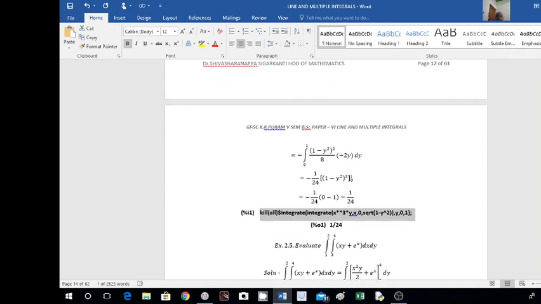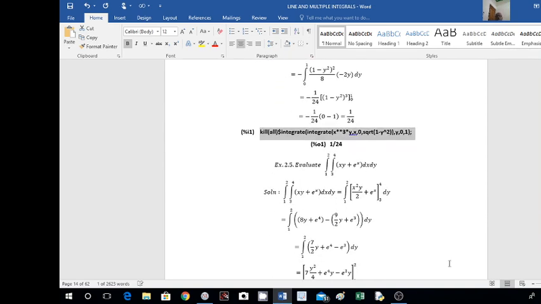Next example. Evaluate the integral from 1 to 2, 3 to 4, of xy plus e raised to x dx into dy. First with respect to x, then with respect to y. And limits of x are 3 to 4, limits of y are 1 to 2.